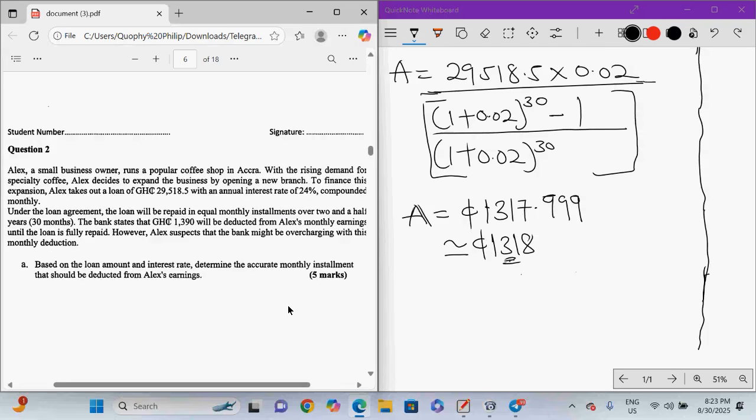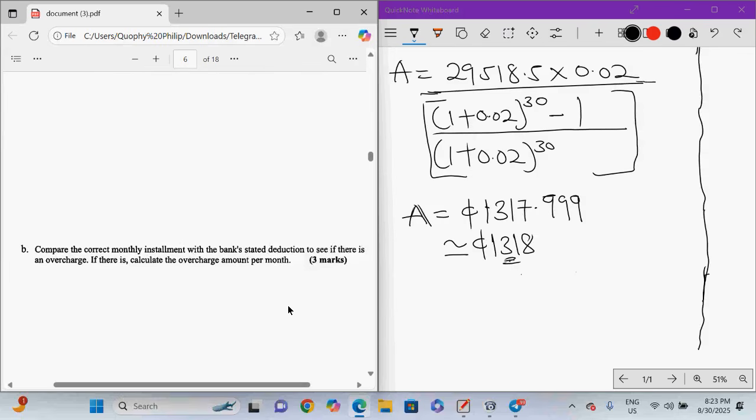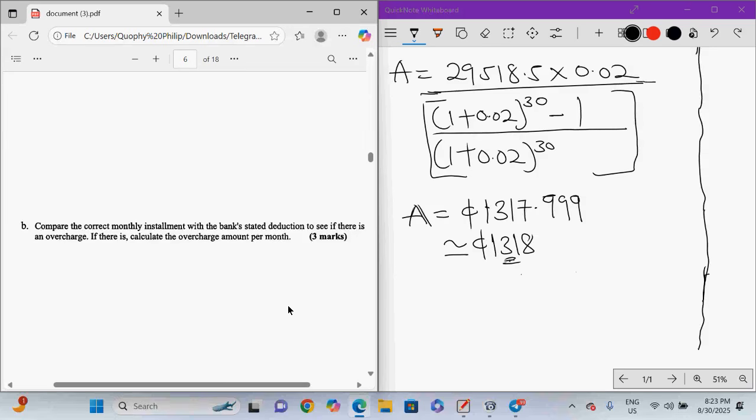So the bank is charging 1,390 instead of 1,319. That is why they are asking us, is the bank overcharging or not? Because when we computed, we had 1,318. Is the bank overcharging? Yes, the bank is overcharging.